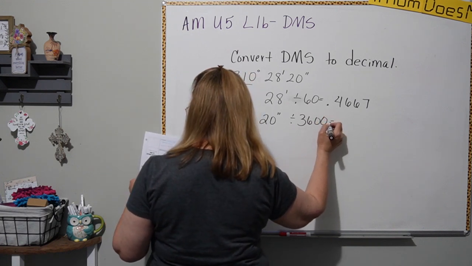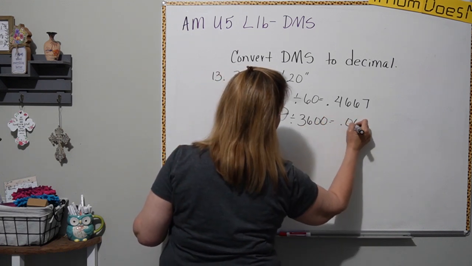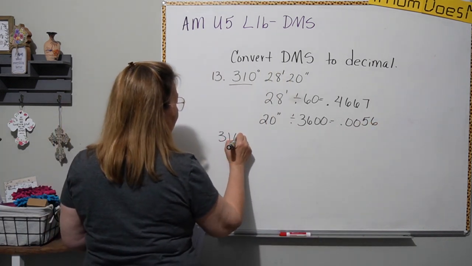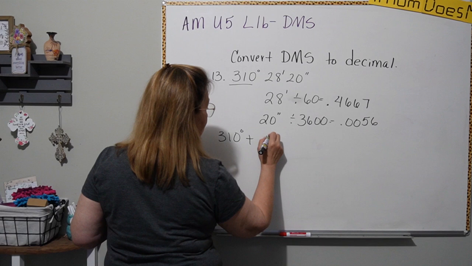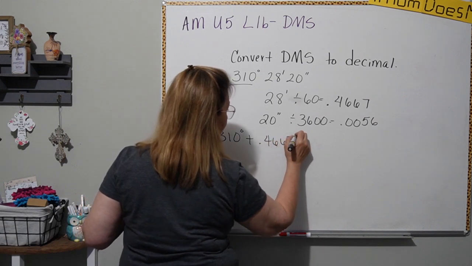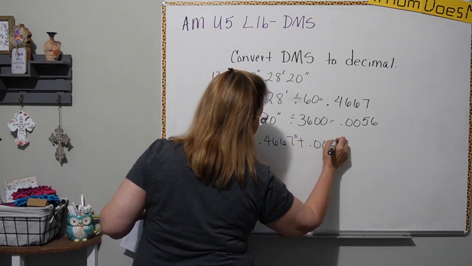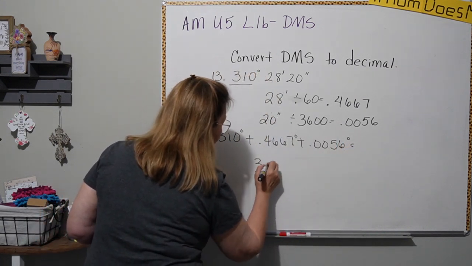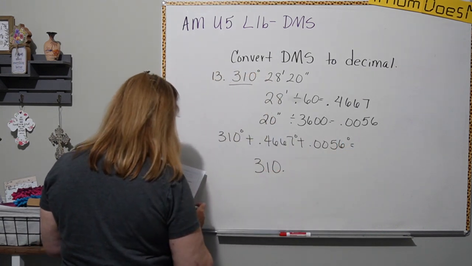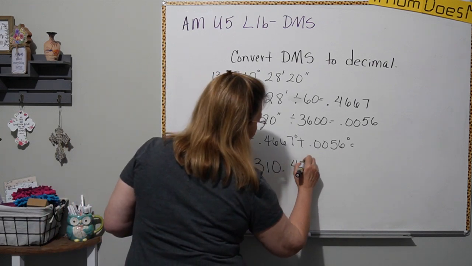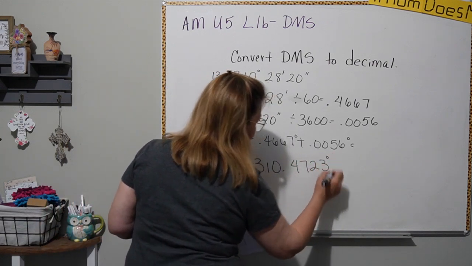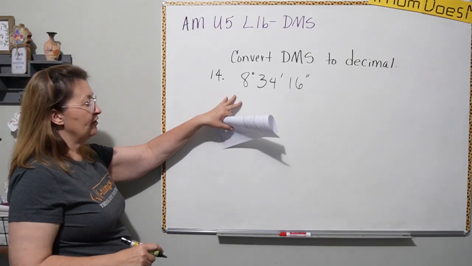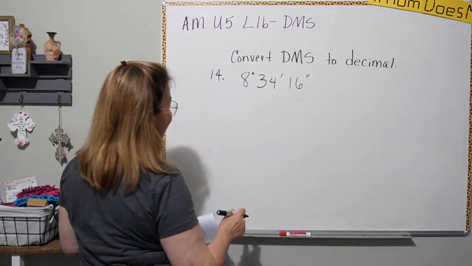And that is going to get us 0.0056. Now we're going to add it all together, 310 plus 0.4667 degrees plus 0.0056 degrees, and that's going to get us a final answer of 310.4723 degrees.